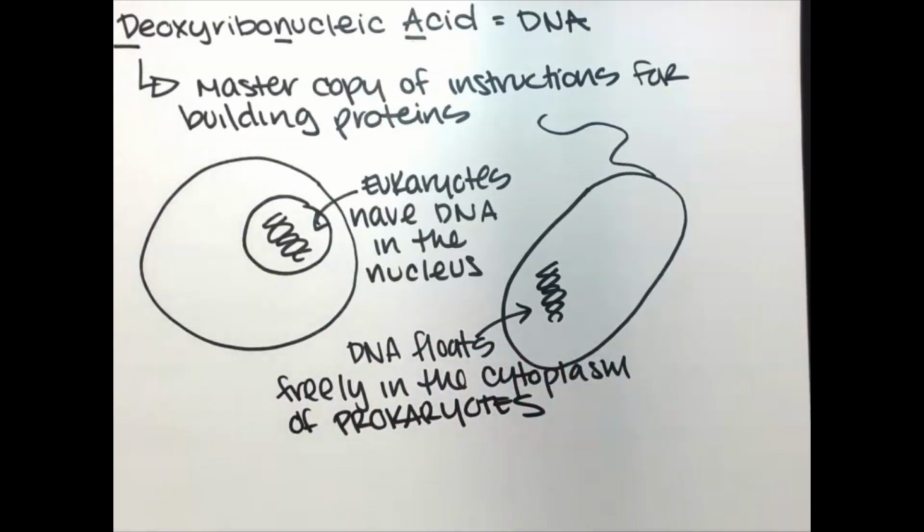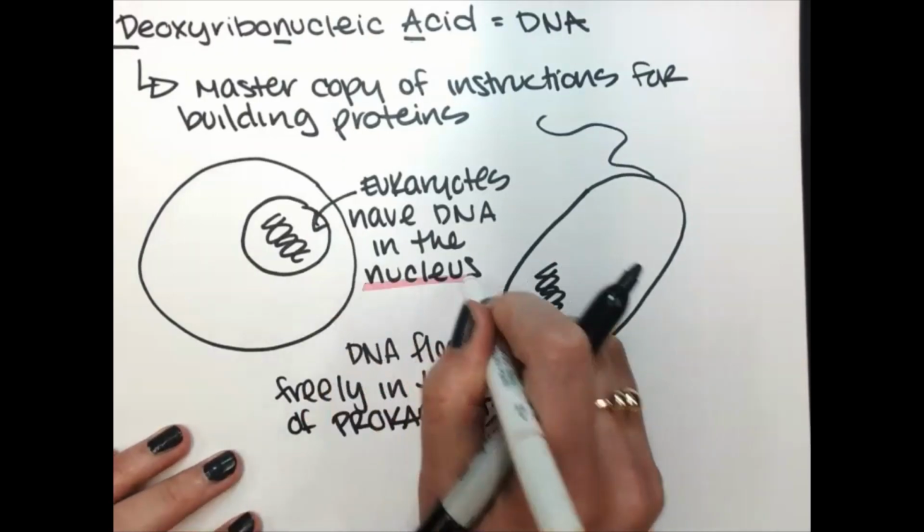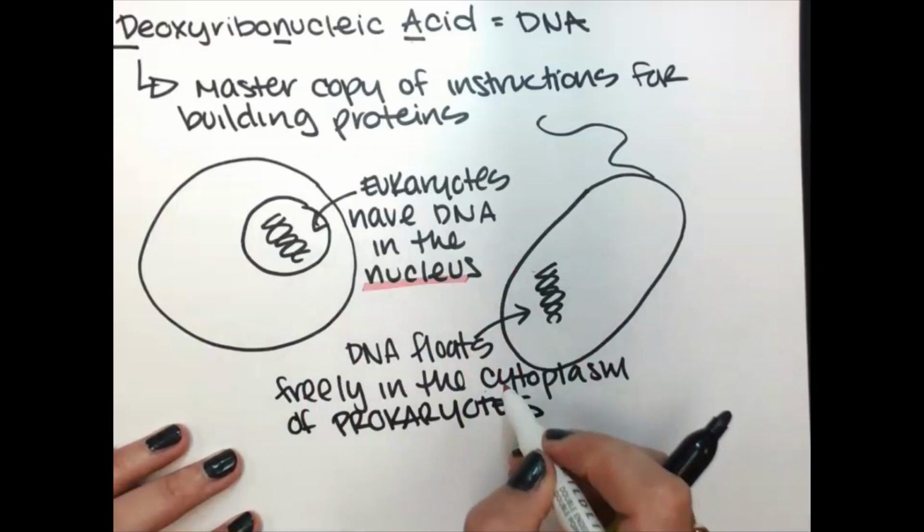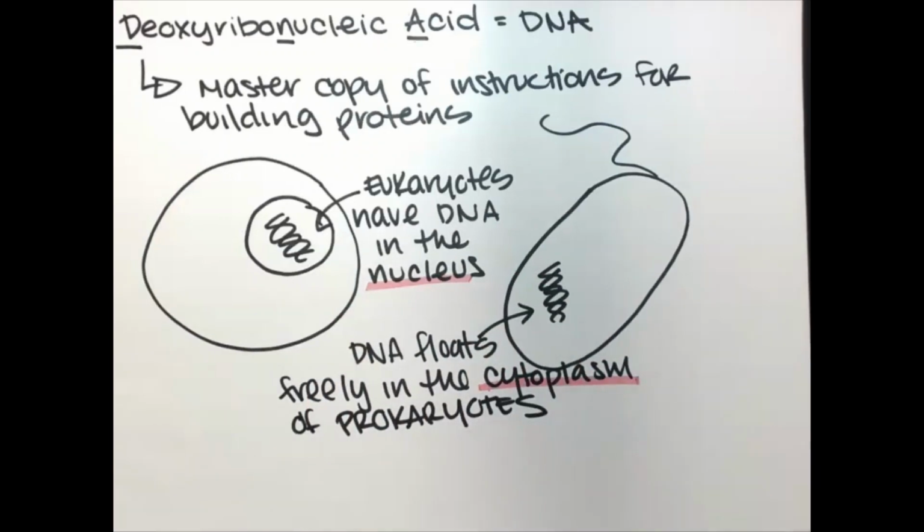So if you're talking about eukaryotes, it's going to be found in the nucleus. If you're talking about prokaryotes, there's no membrane-bound organelle, so it would be found in the cytoplasm.